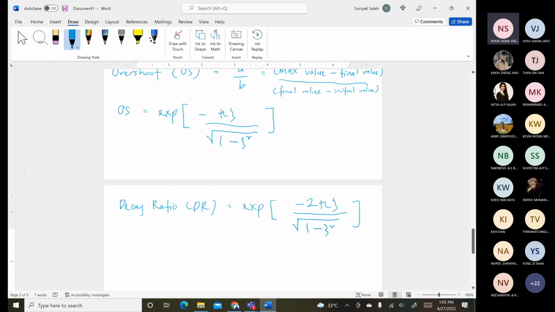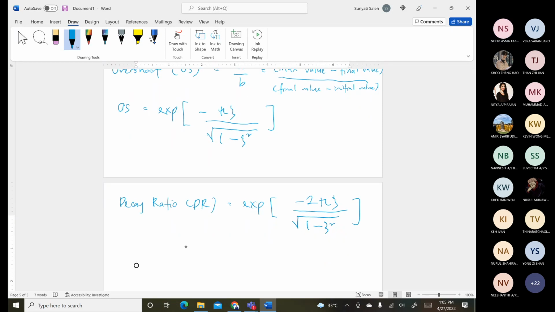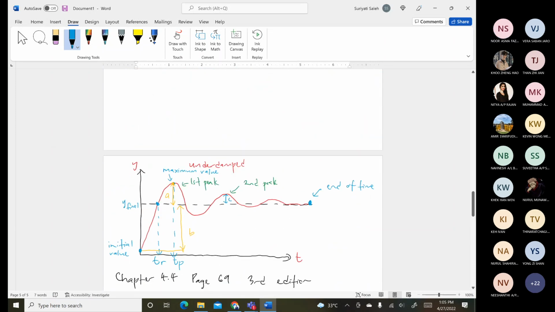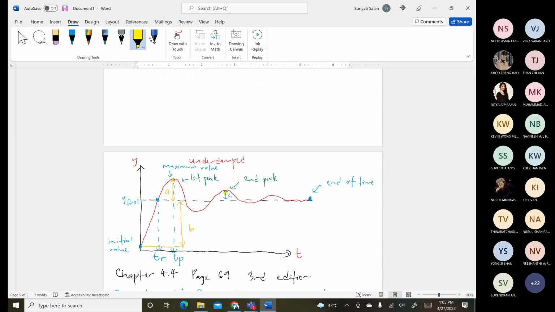Or you can obtain it from the formula DR equal to C over A, where C is the height of the second peak divided by the height of the first peak. So that is the decay ratio, how much the value will decrease based on the peak measurement.